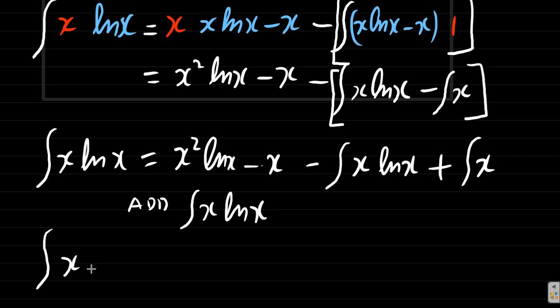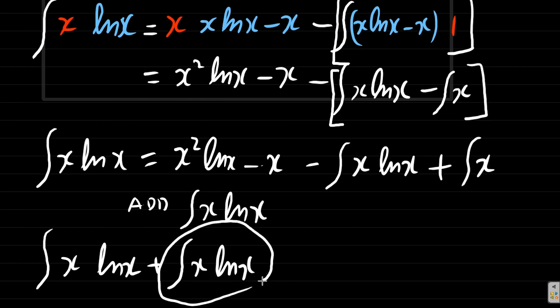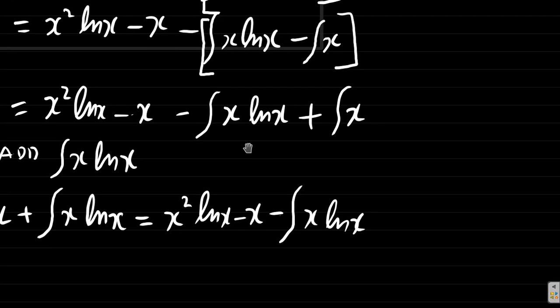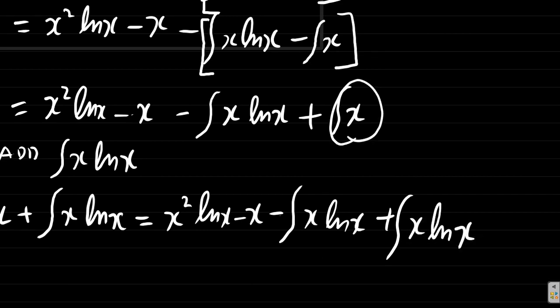You have the integral of x ln x plus the integral of x ln x, right? This is the new integral of x ln x that you just added. Is equal to x squared ln x minus x minus the integral of x ln x. Remember, you're adding the integral of x ln x to both sides, so let's add it here, plus the integral of x ln x.